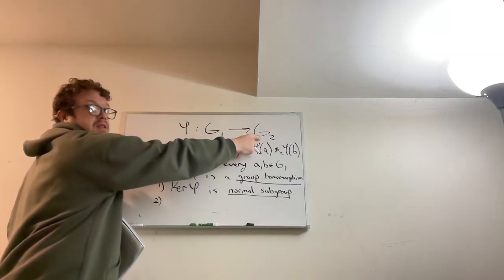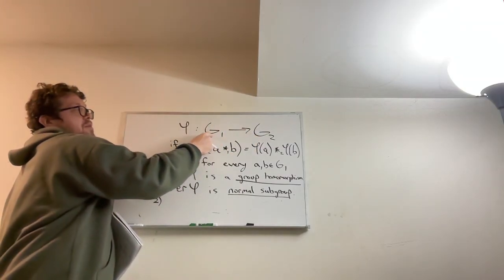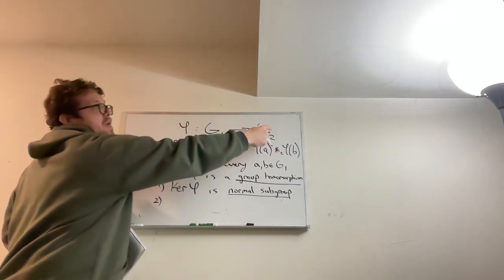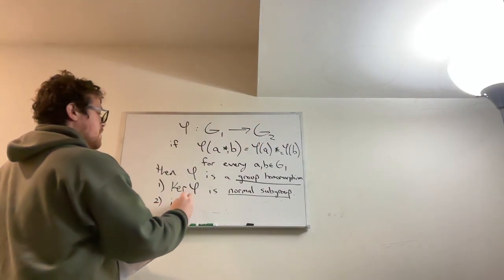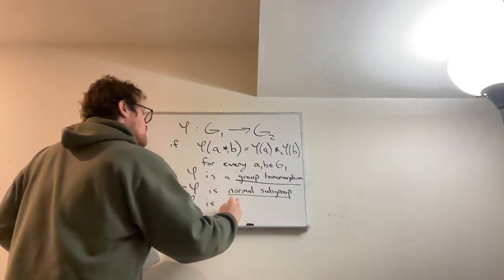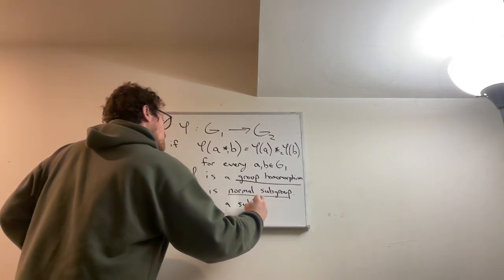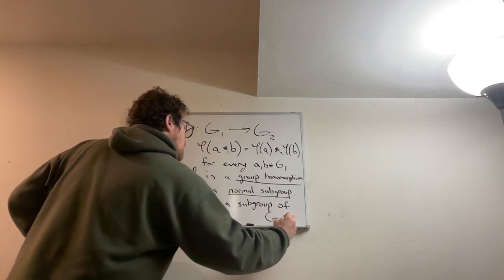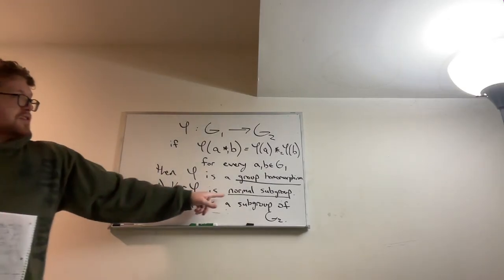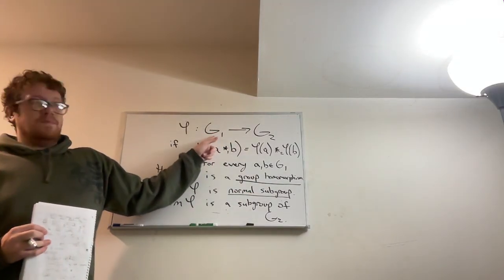That's also a subgroup, but now it's a subgroup of the second group. So the image is a subgroup of G2. And the kernel is a normal subgroup of G1.